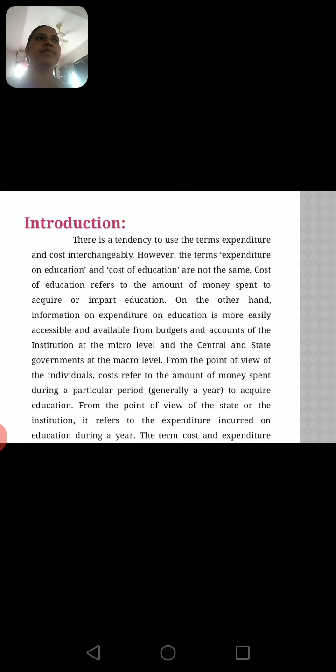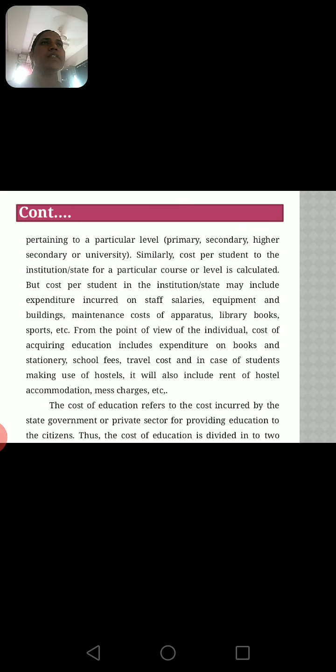Similarly, cost per unit to the institution or state for a particular course or level is calculated. But cost per student in the institution or state may include expenditure incurred on staff salaries, equipment and buildings, maintenance cost of apparatus, library books, sports, etc.